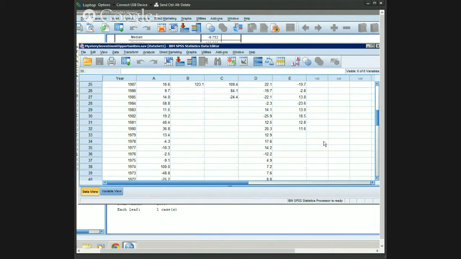Was it 39? 32. All right. So now I just need the standard deviation for D and E. Are you getting that, Eric, or do you need that all read out? No, I'm getting it.